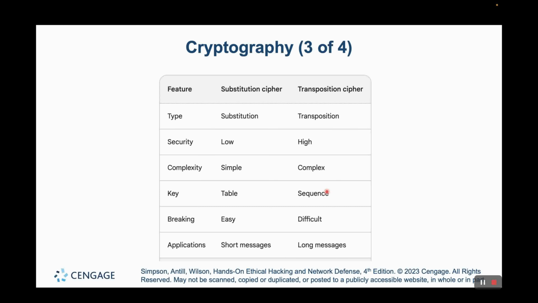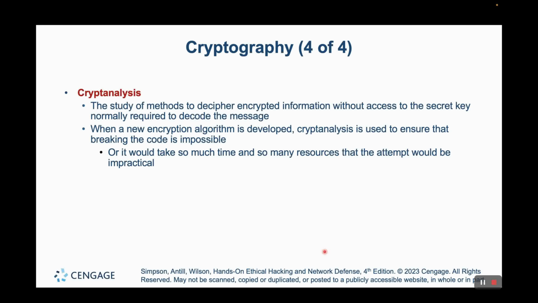It means that a keyword is a word or phrase that is used to generate the key sequence. Now, in terms of breaking, substitution is easy. Transposition is more difficult. Substitution is basically used for very short messages. This one is used for long messages.